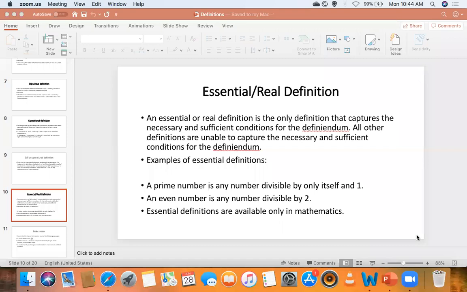A table. A chair. Can two of them fit the definition? Yes. A table. Yes, sir.